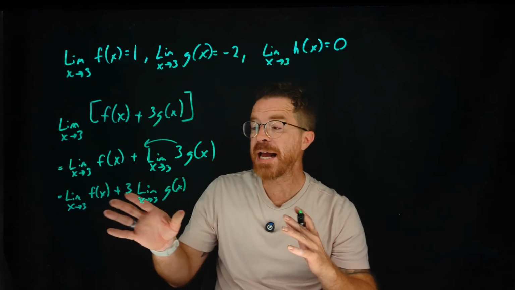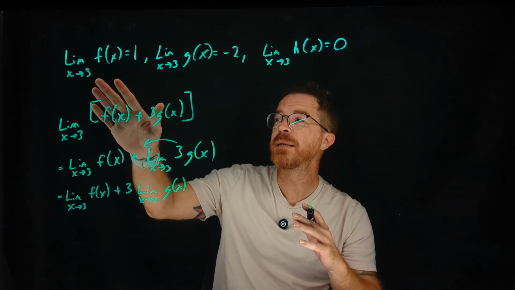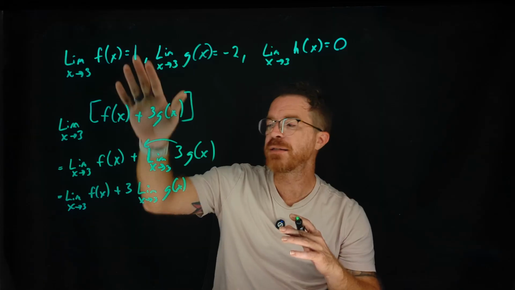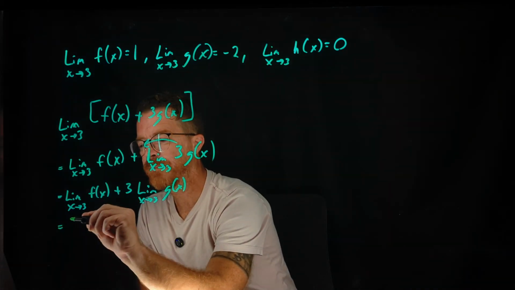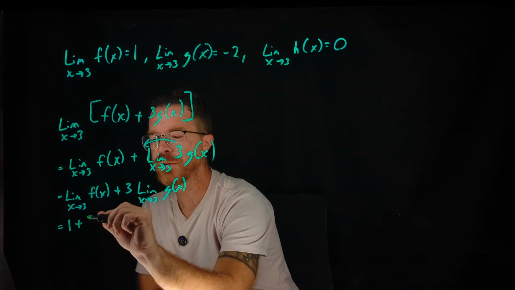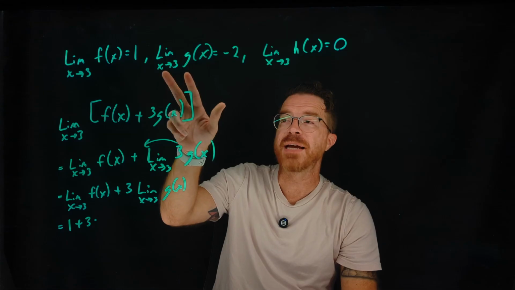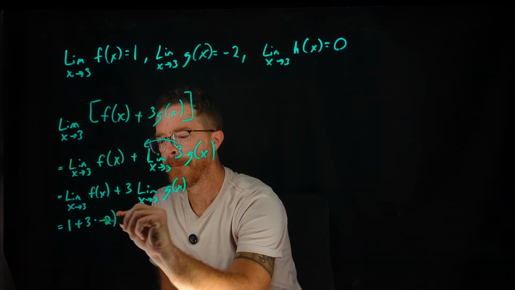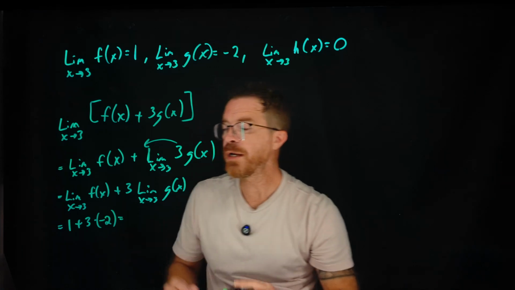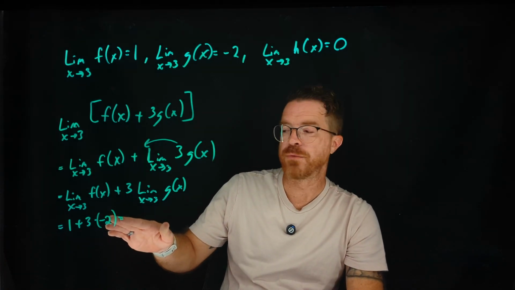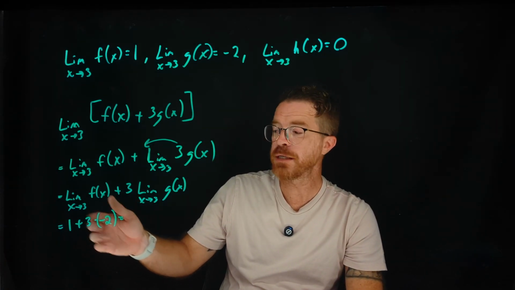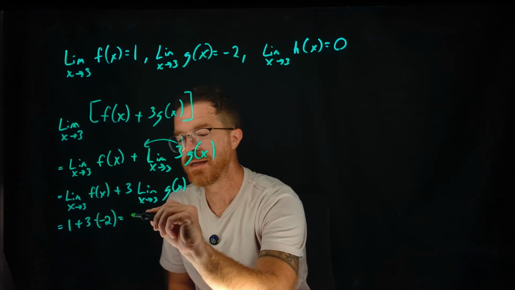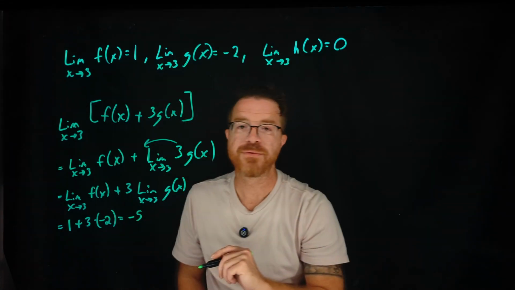And now we can solve this because we know that the limit as x approaches 3 of f of x is equal to 1, plus 3 times the limit as x approaches 3 of g of x, which is equal to -2. So we are left with 1 plus 3 times -2. 3 times -2 is equal to -6. So 1 minus 6 gives us -5.